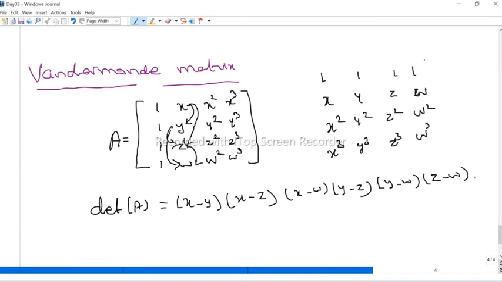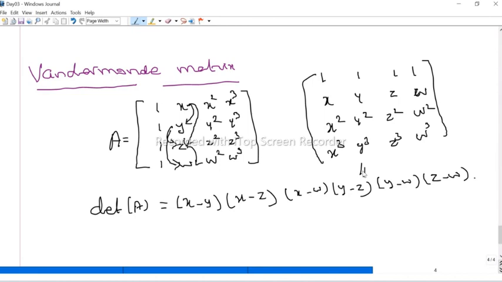This is also a Vandermonde matrix, just the transpose of this matrix. And we know that the determinant of a matrix and of its transpose are the same, right? Therefore the determinant is the same thing: x minus y, x minus z, x minus w, and then y minus z, y minus w, z minus w.